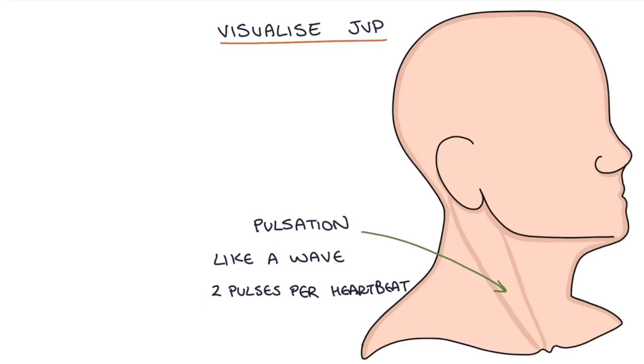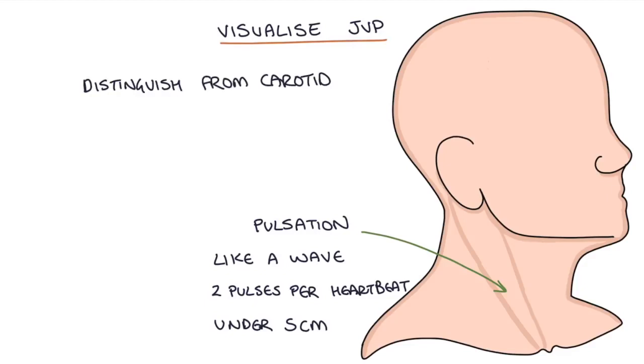And really it's more of a flutter underneath the sternocleidomastoid muscle rather than directly being able to visualize the vein. You can distinguish it from the carotid pulse in two ways. Firstly, because it has two pulses for each beat of the heart, so it will have twice the number of pulses as the carotid pulse.